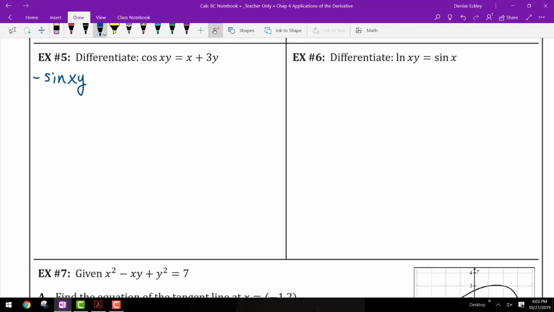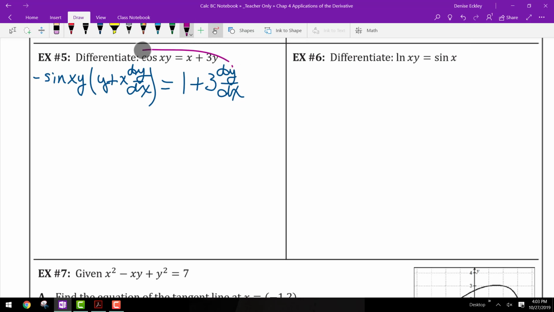And then we have to take the derivative of xy, which is going to be y plus x dy dx. Okay, and that's going to equal 1 plus 3 times dy dx. So this is the first time we had a dy dx on both sides. So what I'm going to do is I'm going to move that guy over there eventually and everything else over.